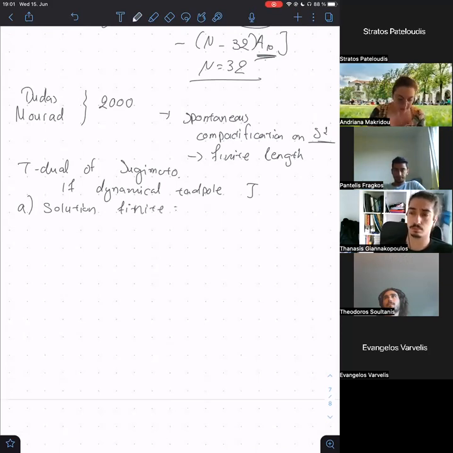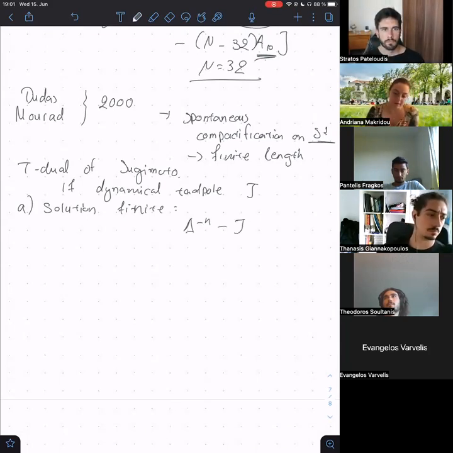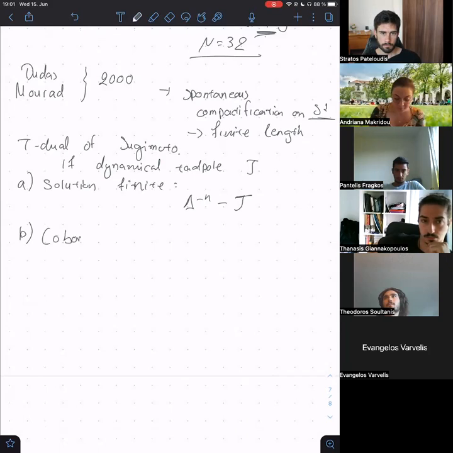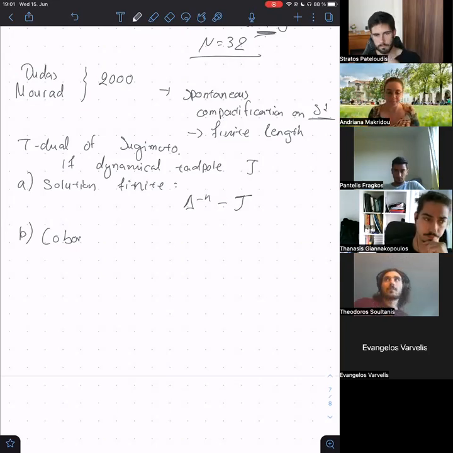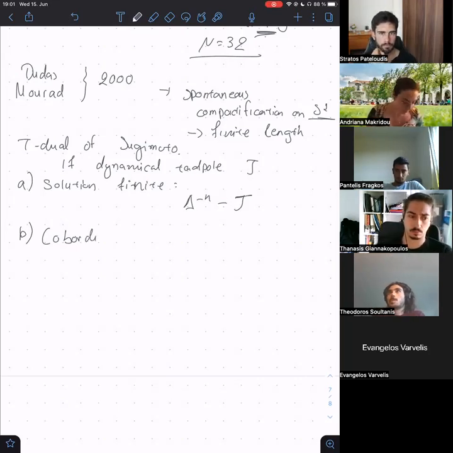Finite, and they have this scaling relation, delta to the minus n is scaling like T. And the mechanism that is behind this is the Cobordism defect. So the reason that your space-time is finishing is that in reality there should be some Cobordism defect in the end that is capping off your space-time. And I will be more explicit in our specific realization, let's say, of this thing.